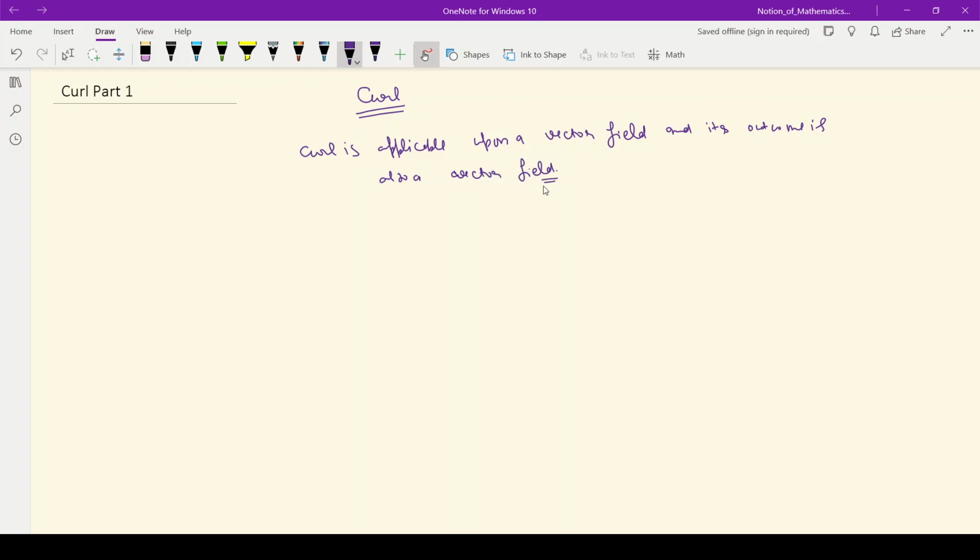So what I want to say here is, if I apply curl upon a vector, a vector point function will be obtained.